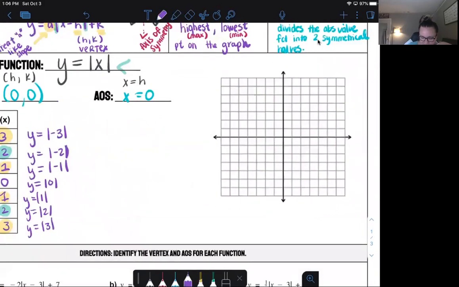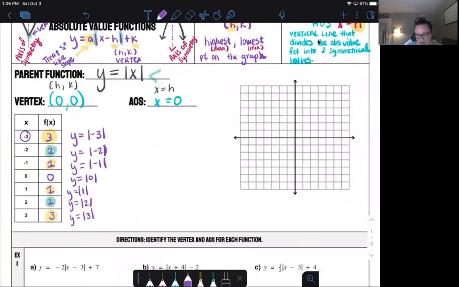The first point is 0, 0, then 1, 1, then 2, 2, and 3, 3, -1, 1, -2, 2, -3, 3. And what I notice is the lowest point on this graph is right here at 0, 0. Well, didn't that match what I said my vertex was?